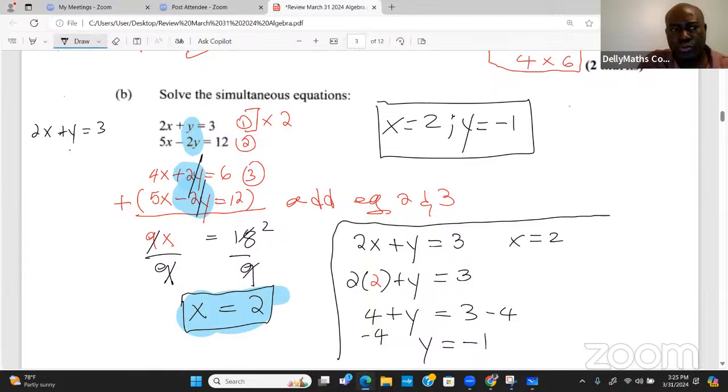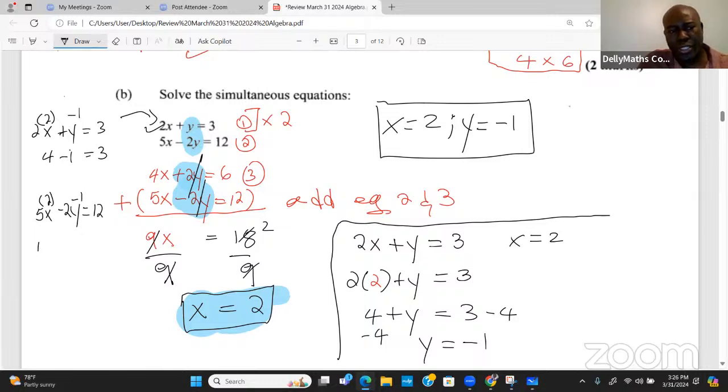We just said x is 2 and y is -1. So let's work out this one. I'm verifying here. 2 times 2 is 4, minus 1. It does give me 3. So it worked here. But whenever you're doing a simultaneous equation, you want to double check your answer at both places. So we're going to go with 5x minus 2y and see if it gives us 12. Remember, this is a verification process. Remember that x is equal to 2 and y is equal to -1.